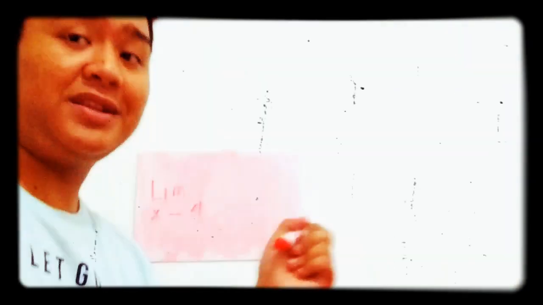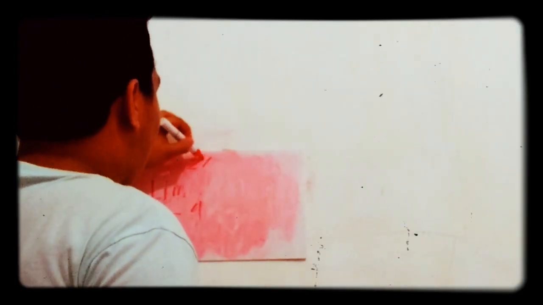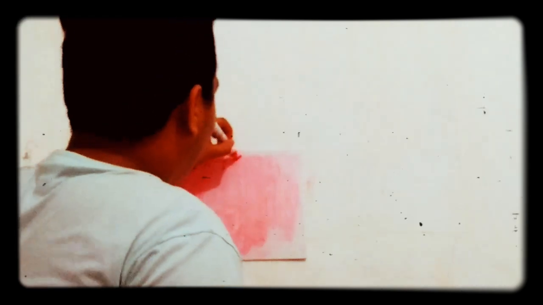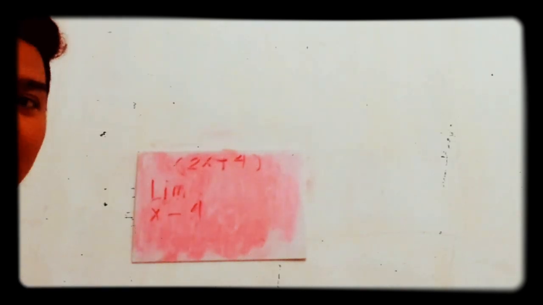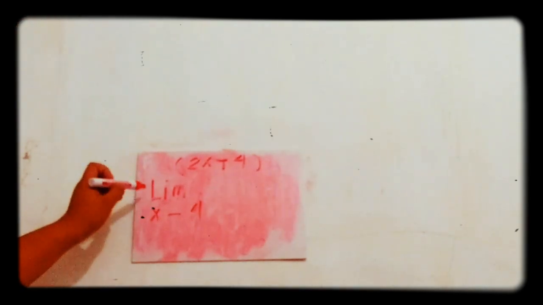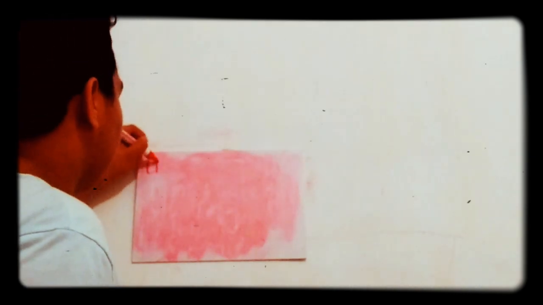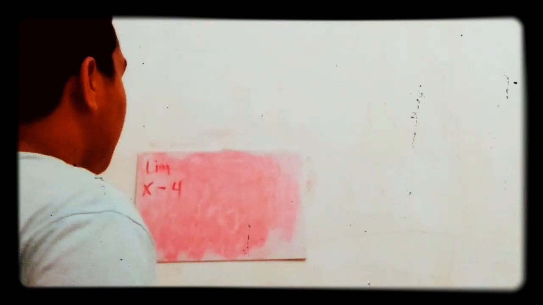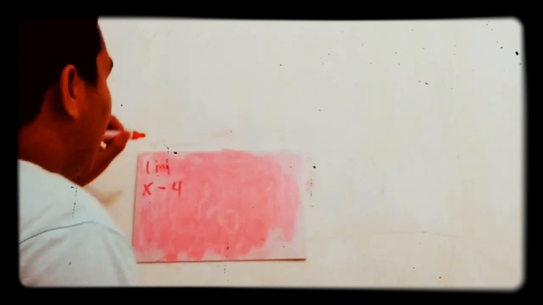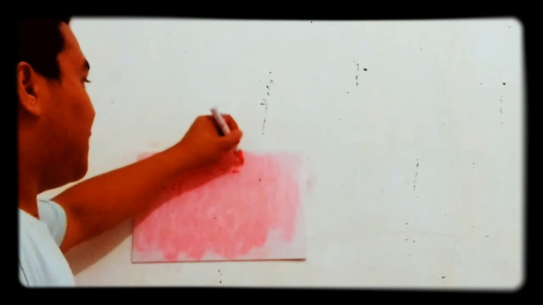When your teacher gives you this problem, for example, 2x plus 4, we should always write f of x. So lim x approaches 4 of 2x plus 4. That was our given problem.